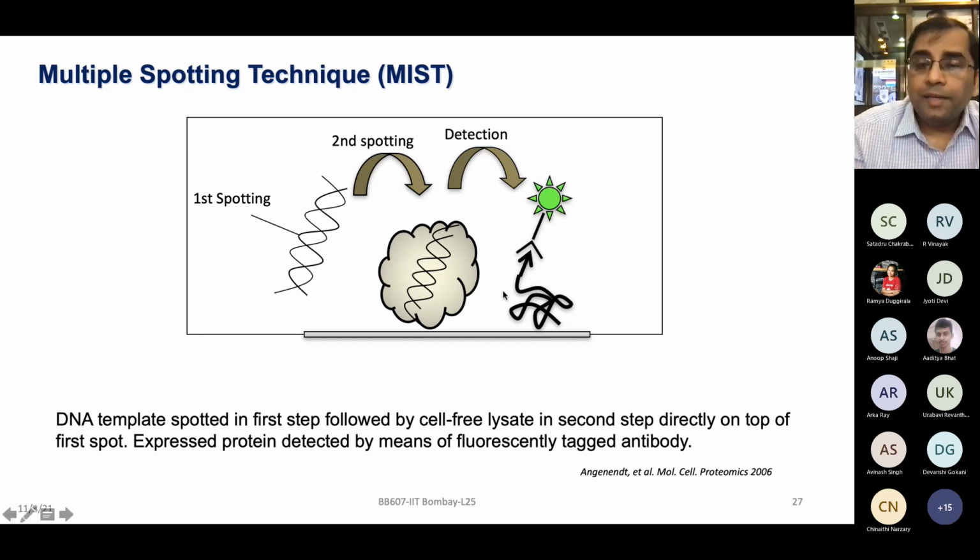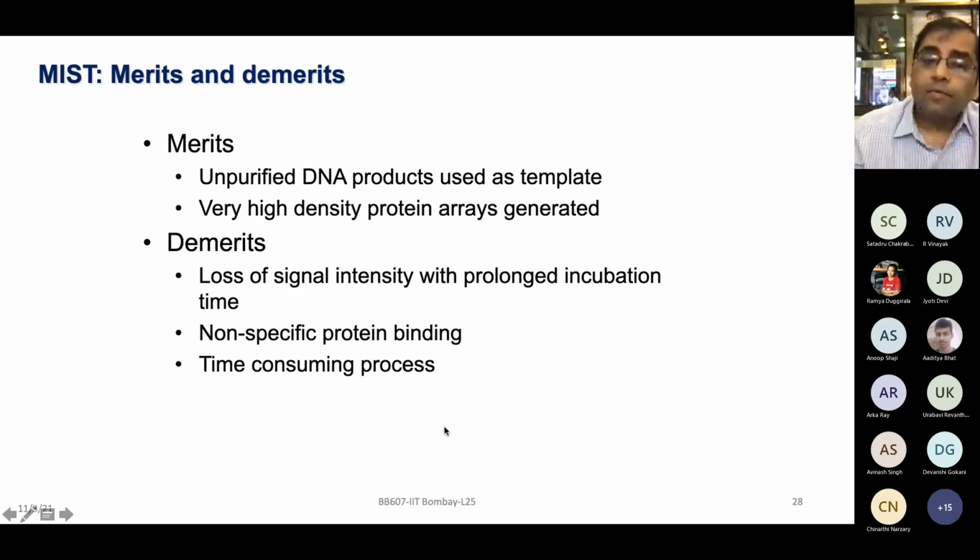This was another very novel concept, showing that even without purifying the PCR product, one could use the unpurified DNA products as a template, amplify a large number of clones of interest, and easily develop high density protein arrays.